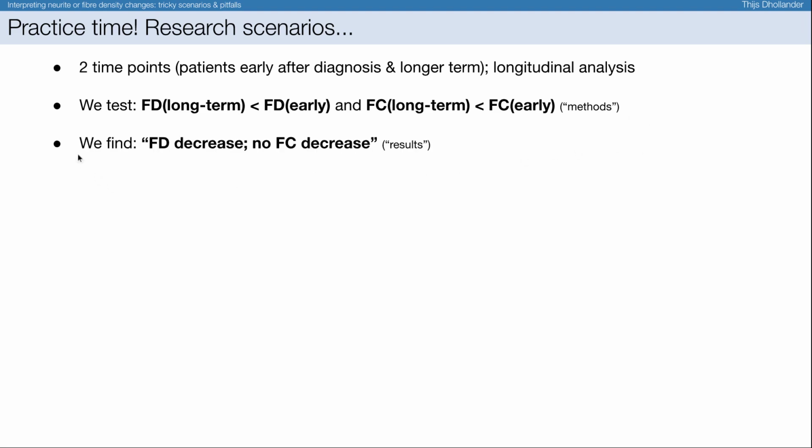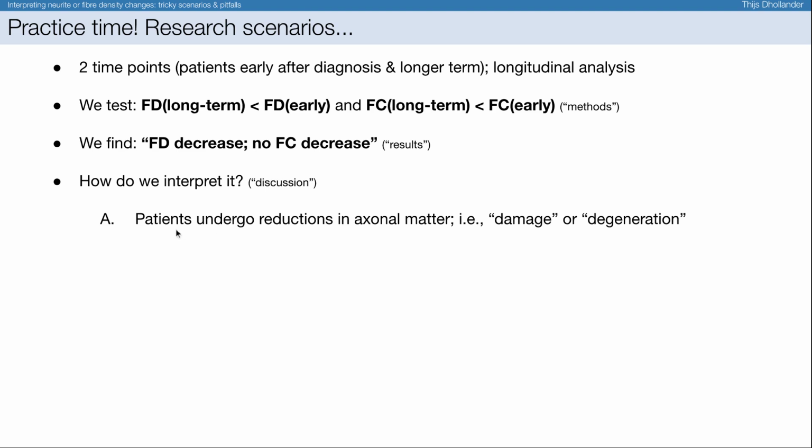This time we find that there is effectively an FD decrease. Significant FD decrease is found. But we find no FC decrease. That's the results. All right, how do we interpret this? Well, we could say again, the patients undergo over time some reductions in axonal matter, damage or degeneration.